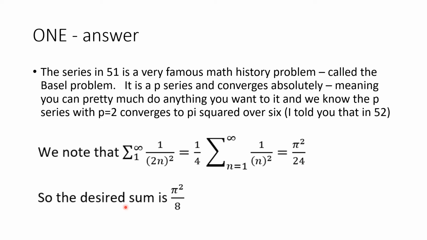So that means that the even ones sum to pi squared over 24. The entire series sums to pi squared over 6. So the series I offered you is going to be pi squared over 6 minus pi squared over 24, which is pi squared over 8.